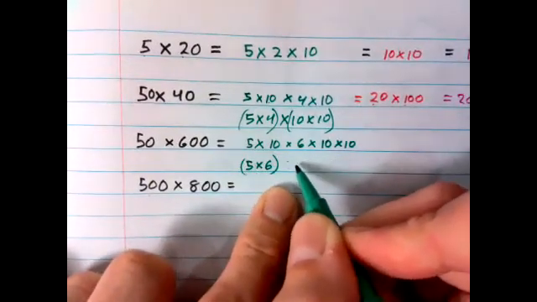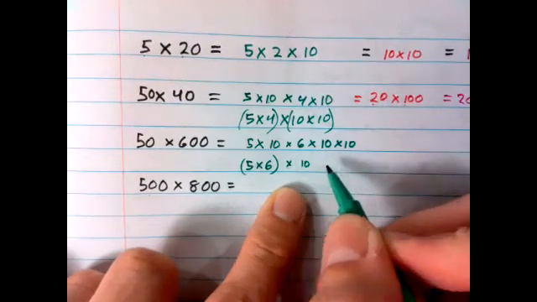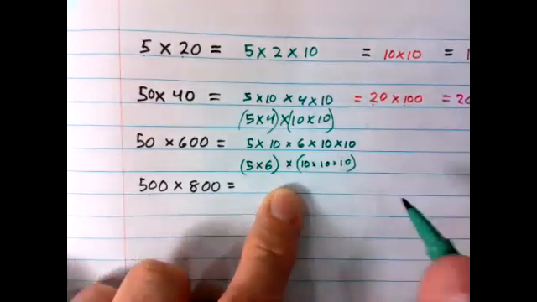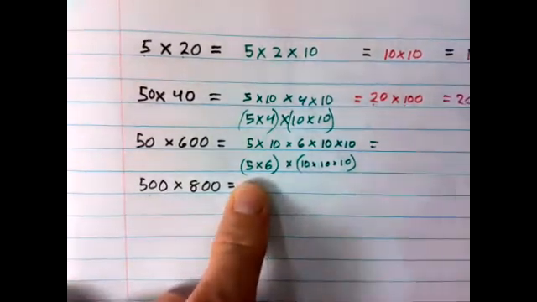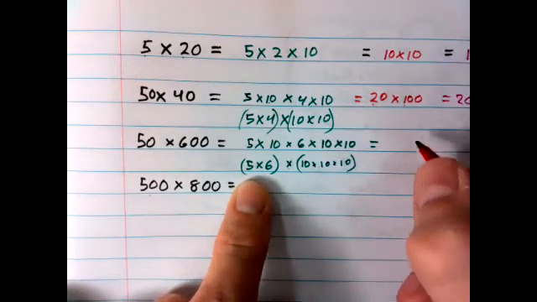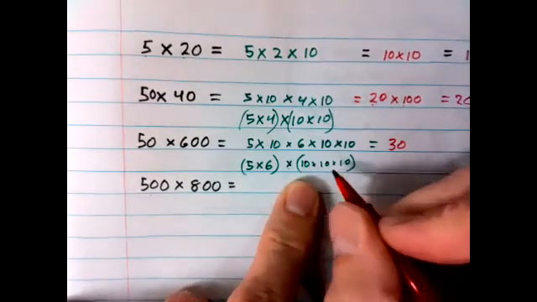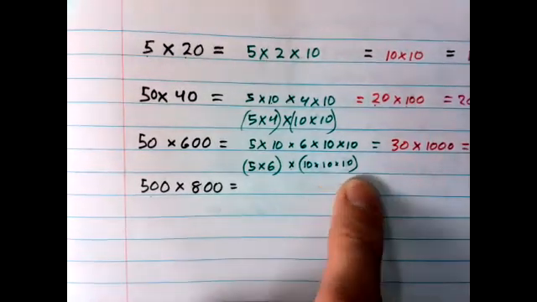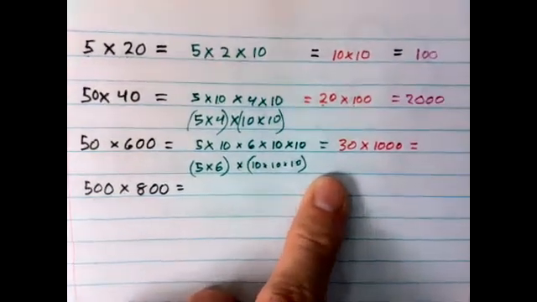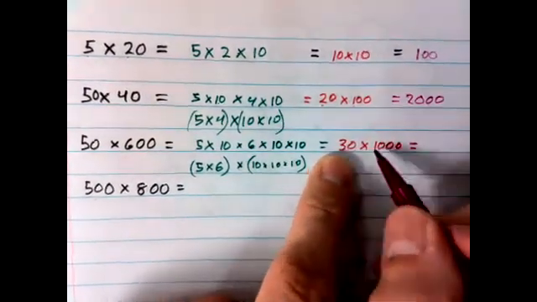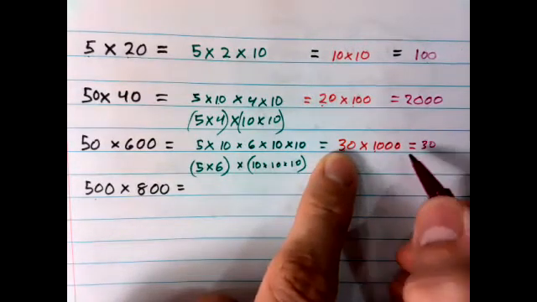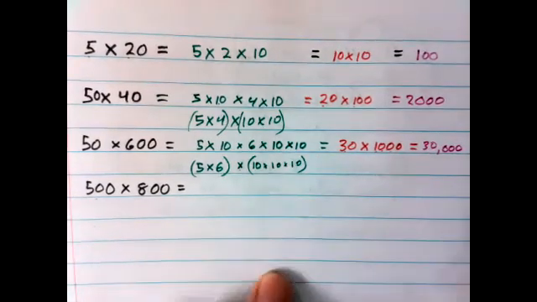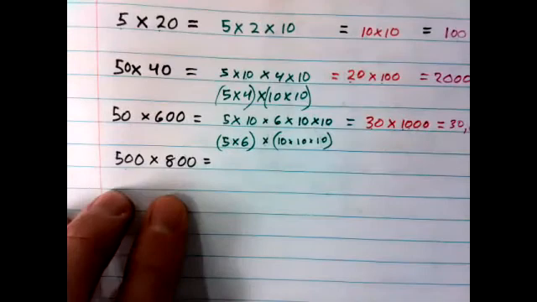And then I can do my 10, 10, 10. Group those together. Makes my life a little bit easier. 5 times 6 is 30. 10, 10, 10. I think I remember it's 1,000. So now I just need to do, what's 30 times 1,000? 30. 1, 2, 3 zeros. And I get 30,000. Oh, the numbers just keep getting bigger and bigger.